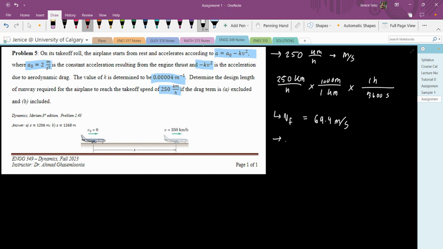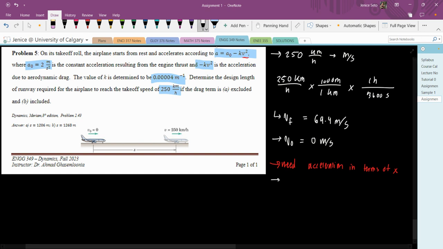So collecting our other terms, we have v0 equal to 0 meters per second, because we're assuming that a plane starts from rest before it starts taking off. So we need to make a in terms of x, because right now it's in terms of v, so we want to get that x back in there.